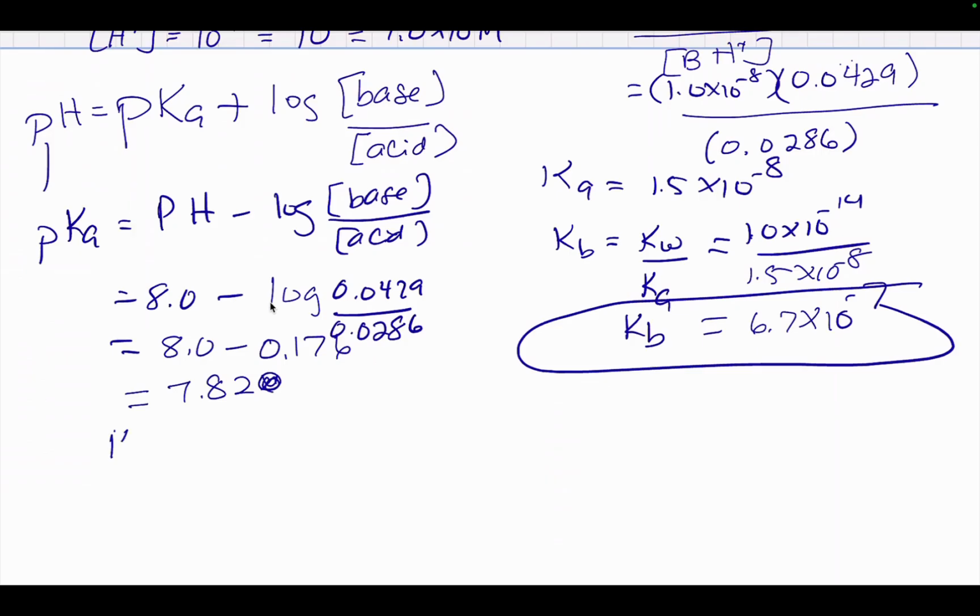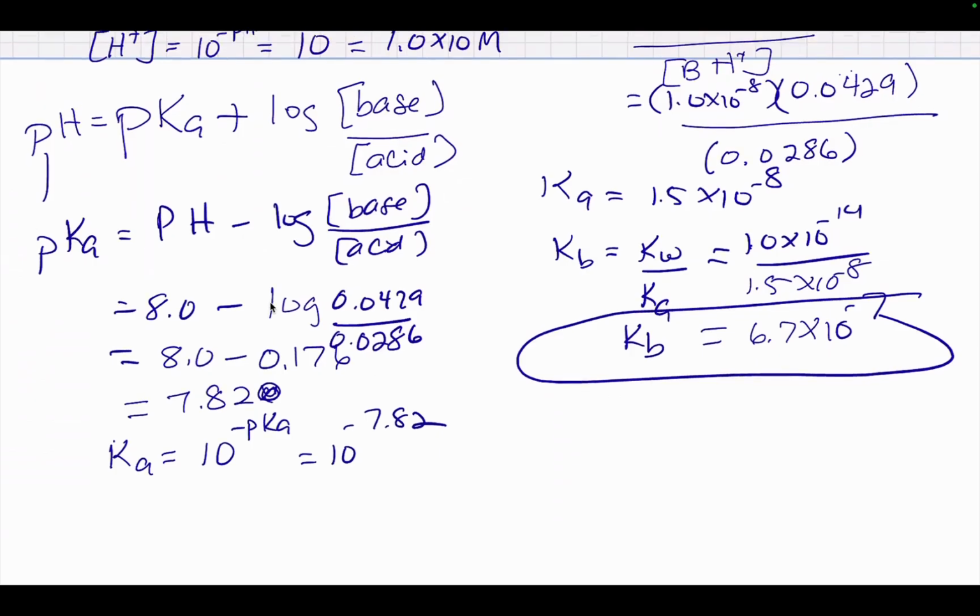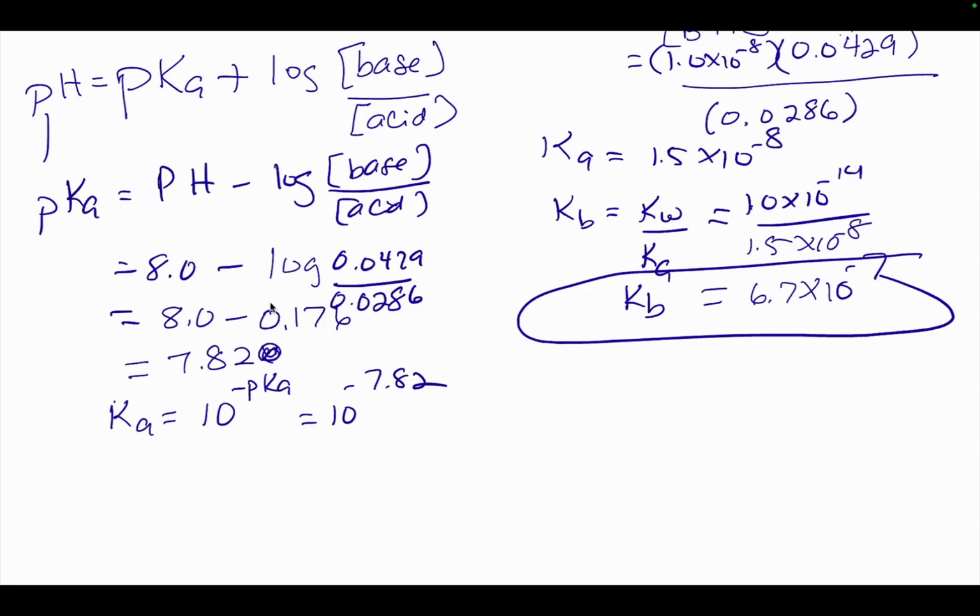I know my Ka is 10 to the negative pKa, which would be 10 to the negative 7.82. I think this way is longer. And I get my Ka value is 1.5 times 10 to the negative 8th. And then I would solve for Kb the same way. So I don't know which way is best. Either one works. So I hope that helps. Let me know if you have questions in class.